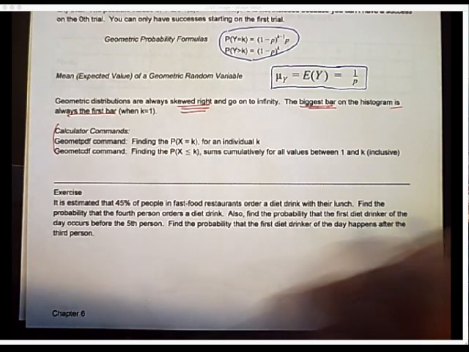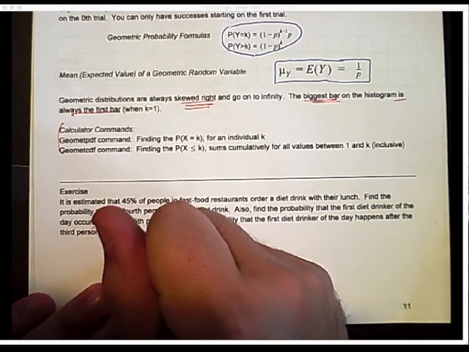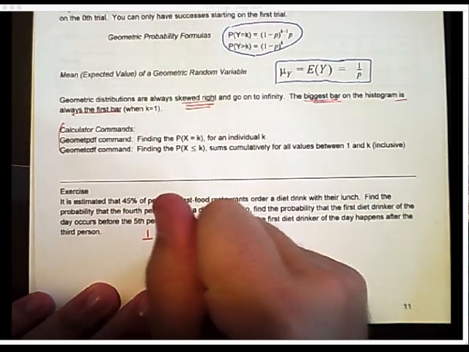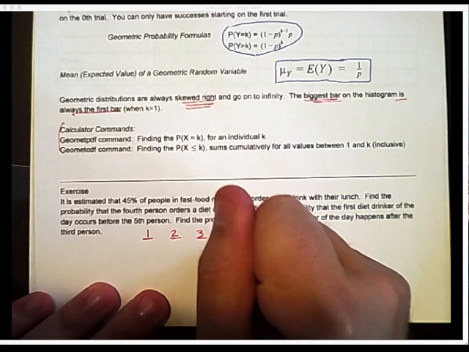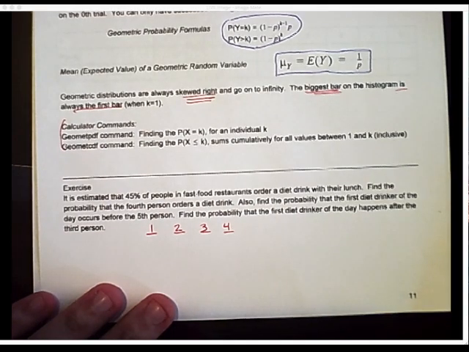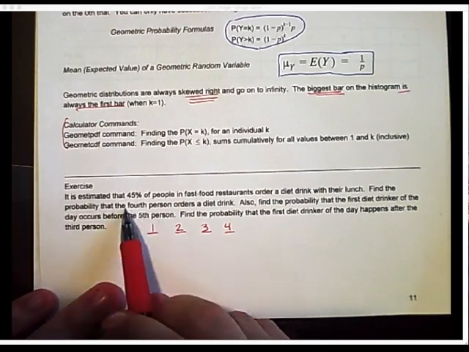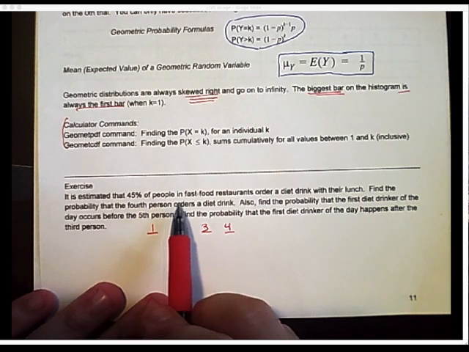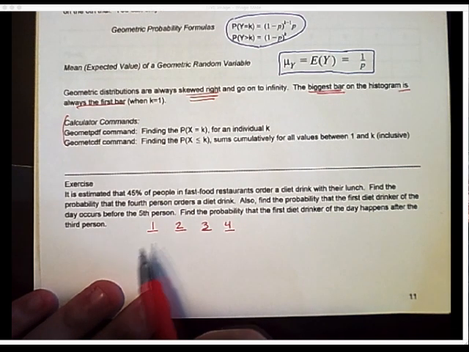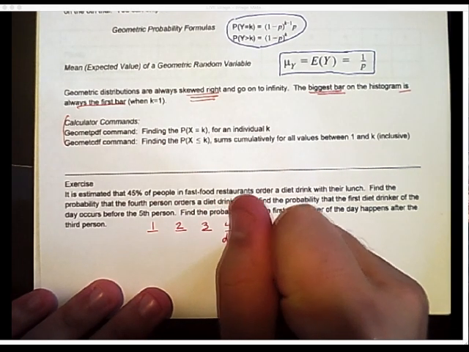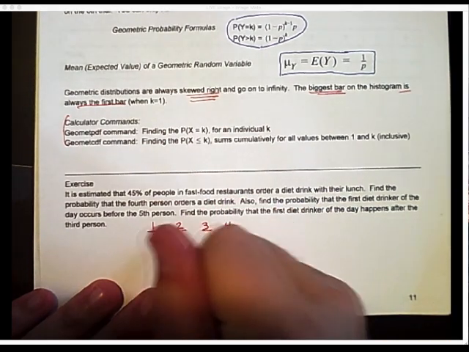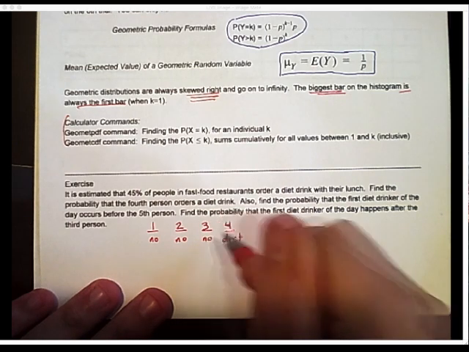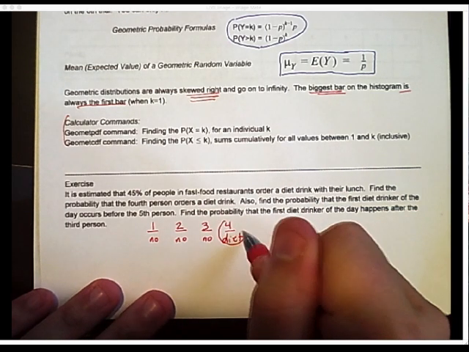So if we think about this, or we should say the probability that the fourth person in line is the first person who orders a diet drink. So this person ordered a diet drink. This one did not, this one did not, this one did not. This was our first success.